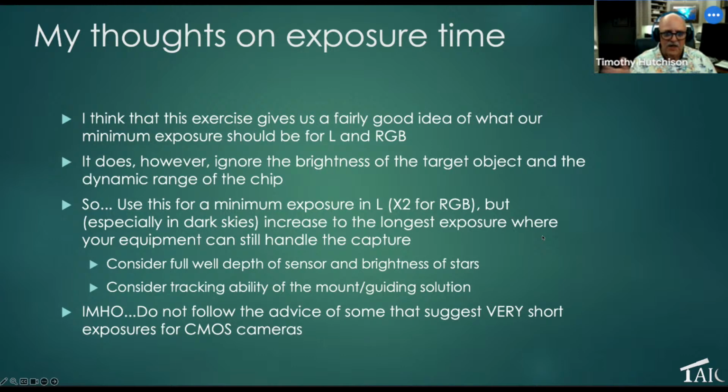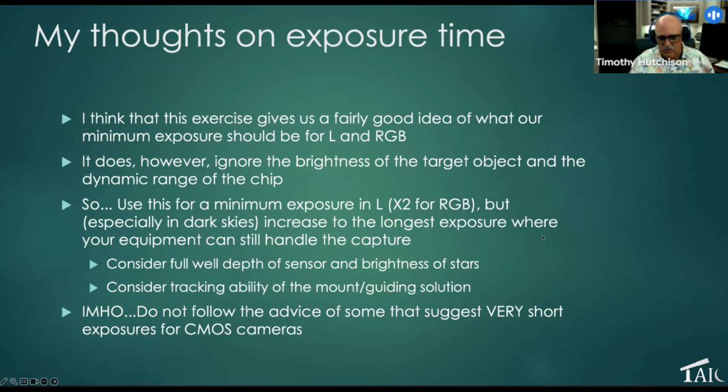So setting things for our minimum exposure probably isn't the best, right? So I'd say use this for an idea of how small we should be, but really what we should be considering when we're thinking about how long our exposure should be, we should be considering the full well depth of our sensor and the brightness of the stars in our image and our ability of our mounts and guiding and everything else to track that bit of sky for a certain period of time, right?